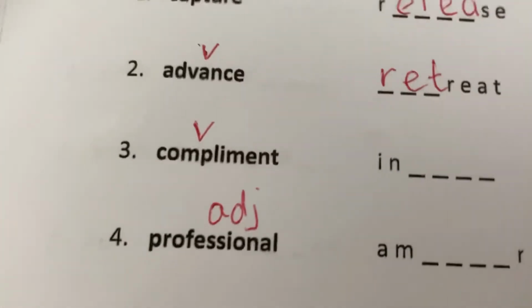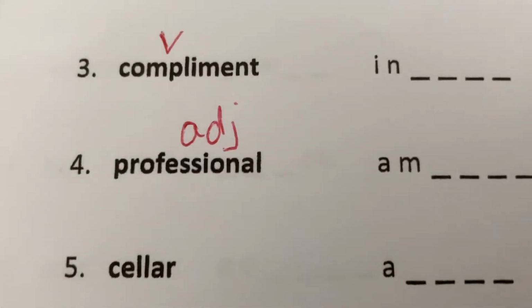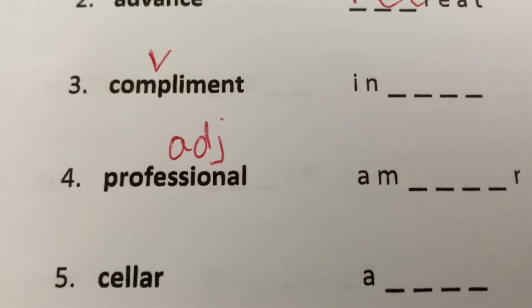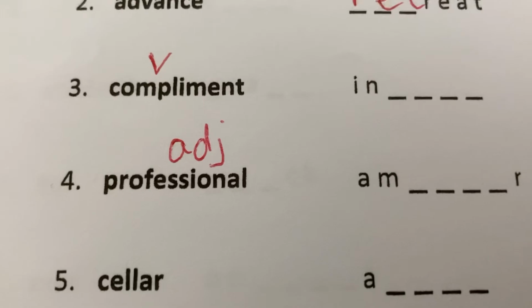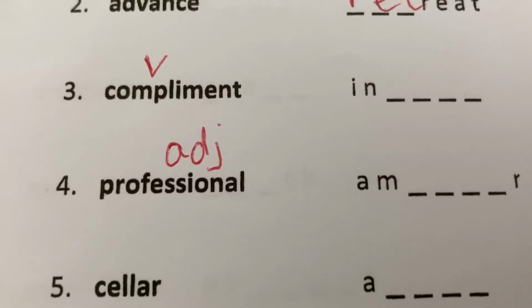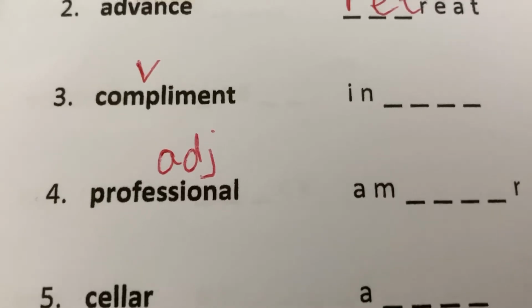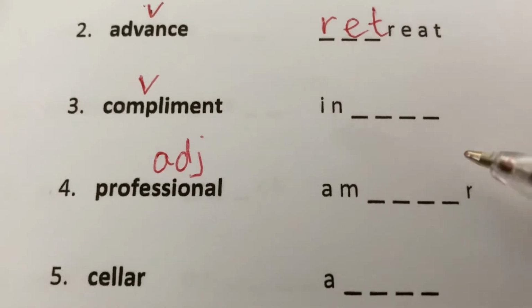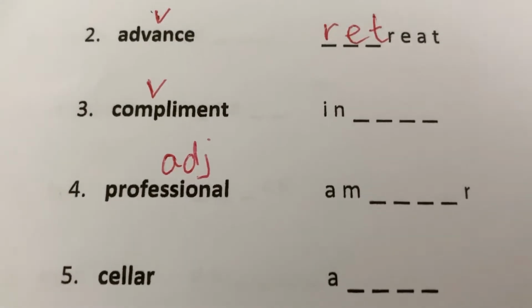I know it's an adjective because if I put it into a sentence, I might say the professional football player, and adjectives come before nouns. Football player is a noun, so the word professional is describing the football player, so it's an adjective. So my antonym is also going to be an adjective.